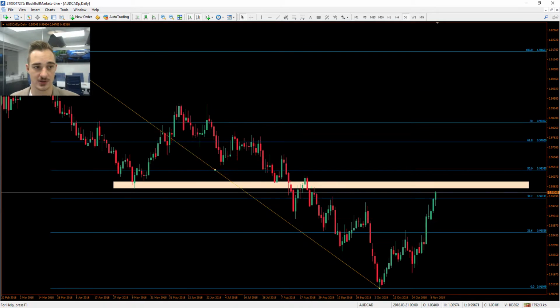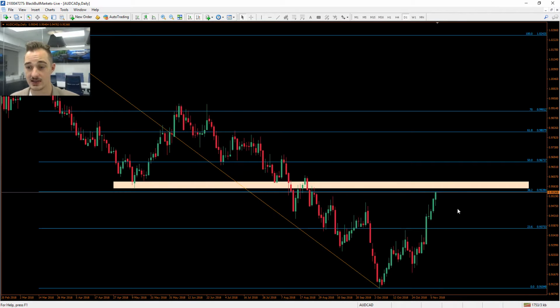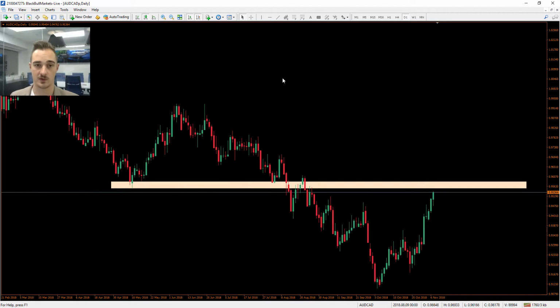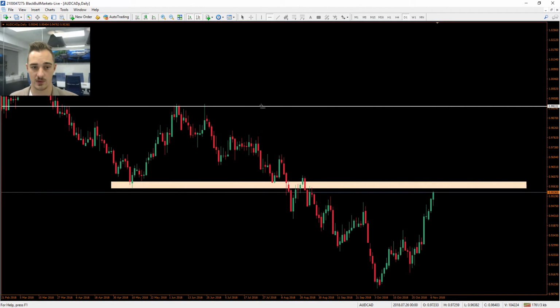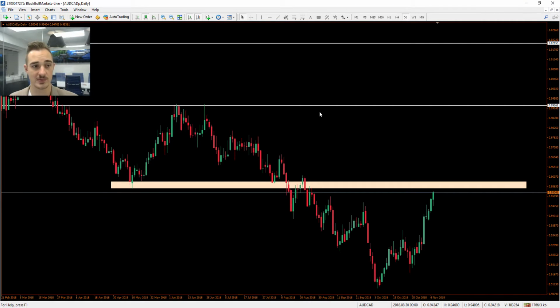If we retrace the whole move, you can see it is currently on the 38.2, so it is a very strong level for a potential bounce, or to hit that strong resistance and go further downwards. If it does break, when we look for moves upwards, we will look for our resistance areas for potential take profits, if you were looking to take trades to the upside.